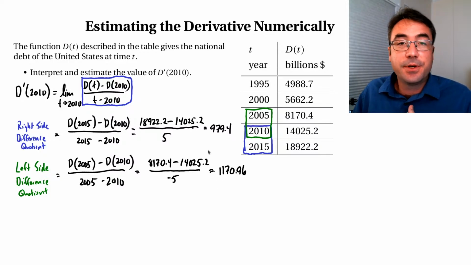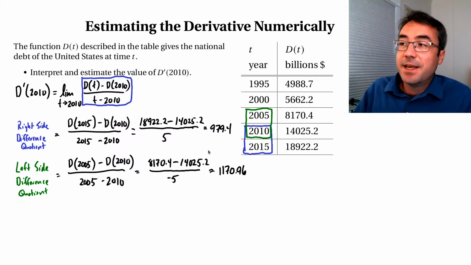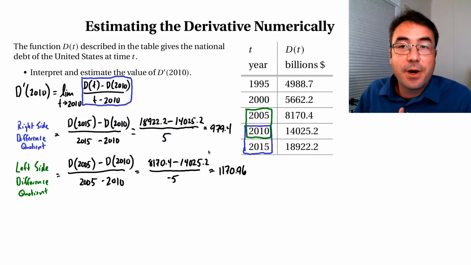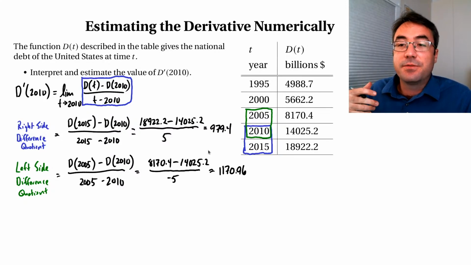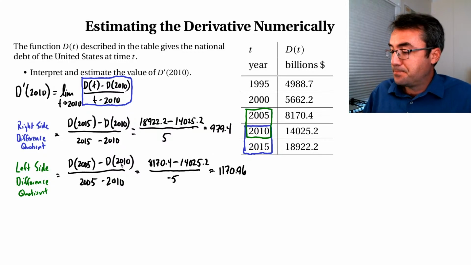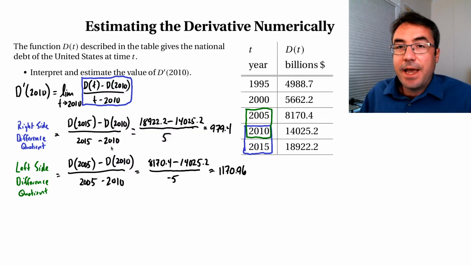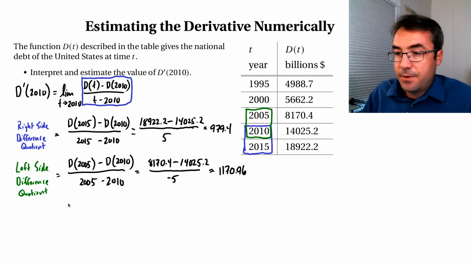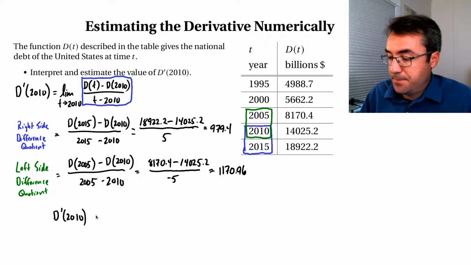You can go onto the Treasury Department's website and look these values up for yourself. These are actual year-end results from the Treasury Department. All right, so to actually use these values to estimate our derivative, we'll just average the results together.